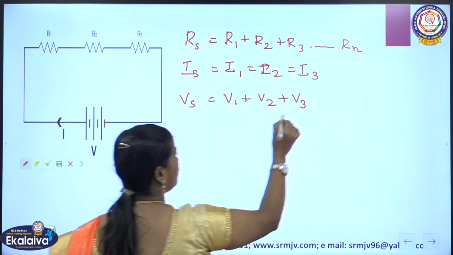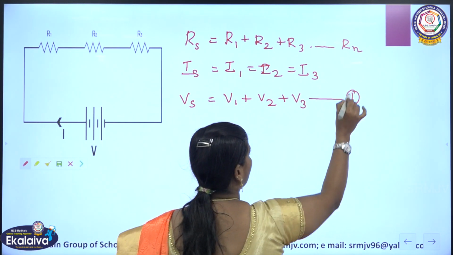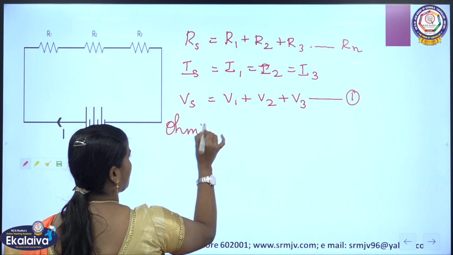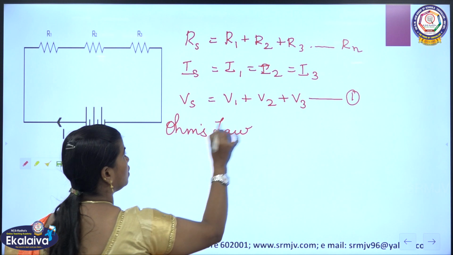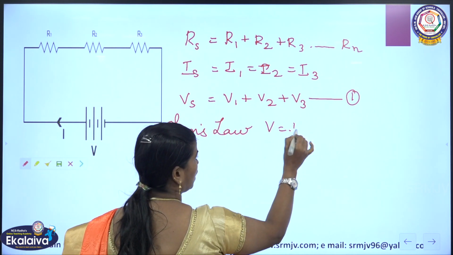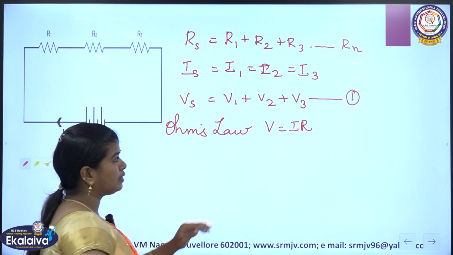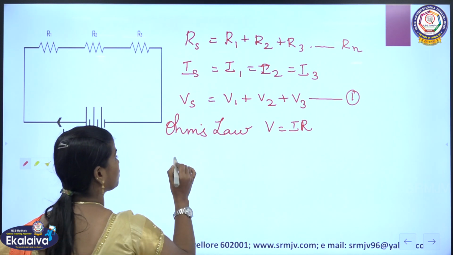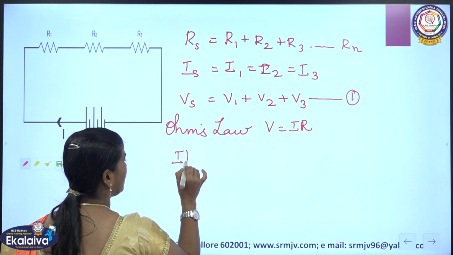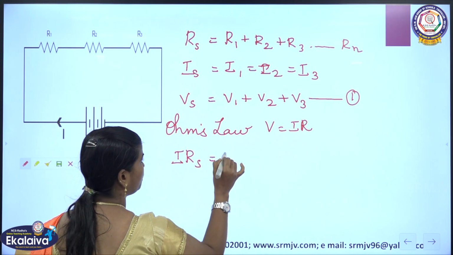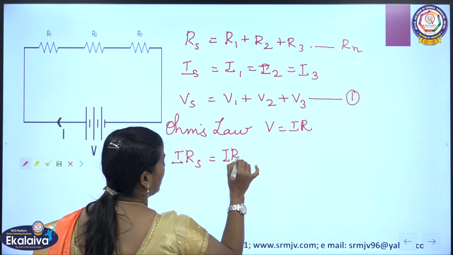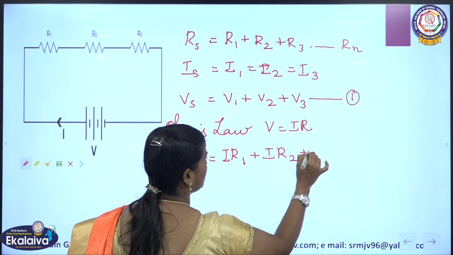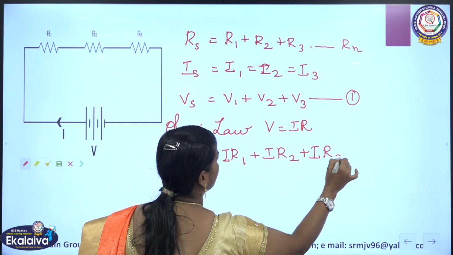Okay. Now, we will take this as equation 1, and according to Ohm's law, V is equal to IR. So, let us substitute this V is equal to IR in equation 1. So, IRs is equal to IR1 plus IR2 plus IR3.